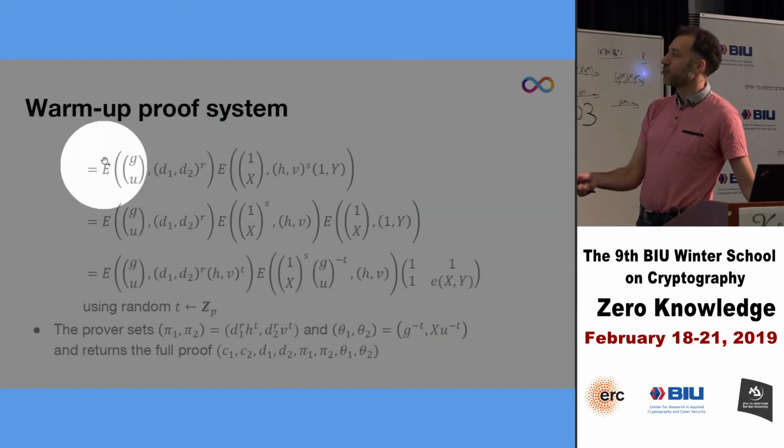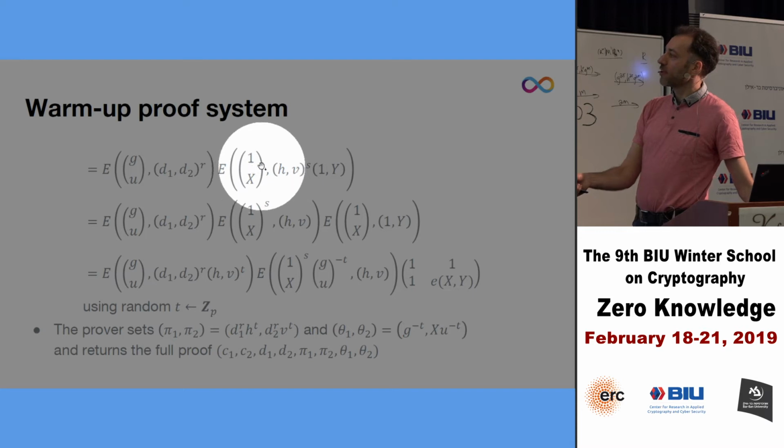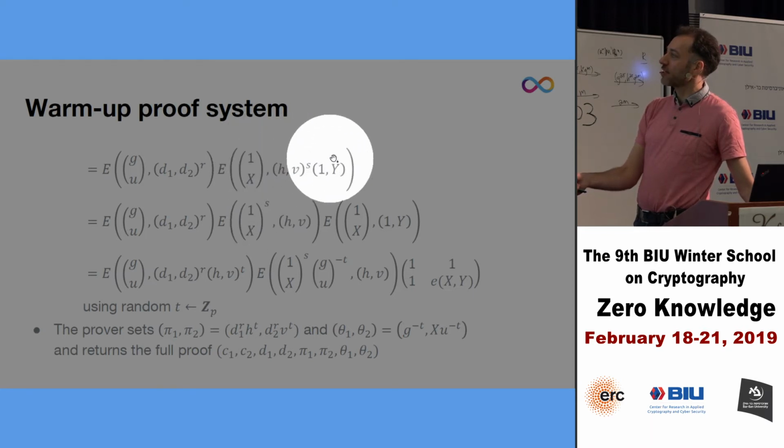So this part with GU, we'll just keep and not do anything to it. But on the other part, the 1X part, let's take the ciphertext that encrypts Y and unpack that. So that's the same as HV to the S times 1Y, right?